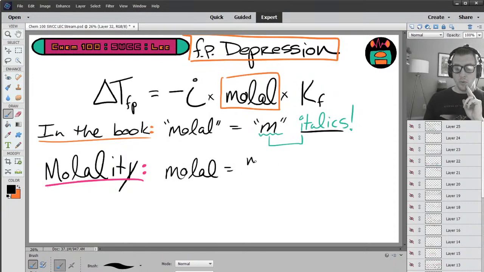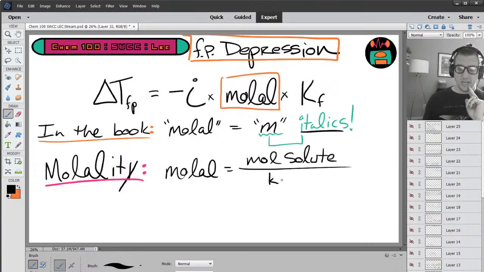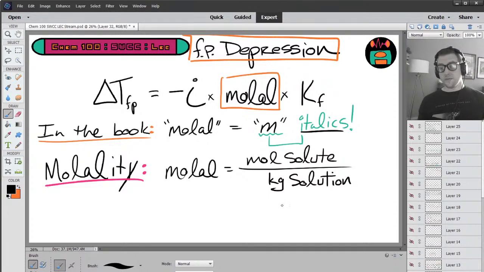Molality is equal to moles of solute divided by kilograms of solution. Moles of solute divided by kilograms of solution.